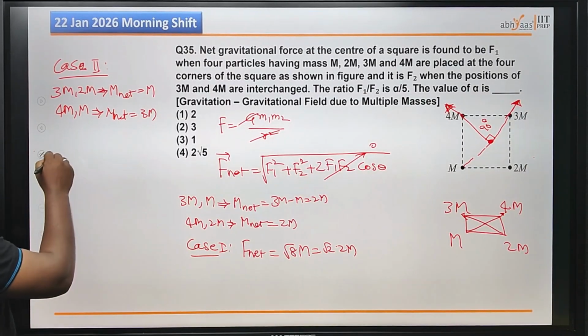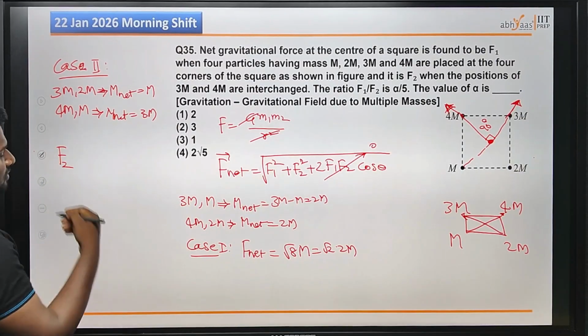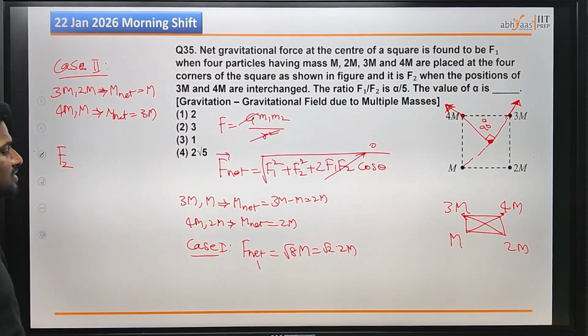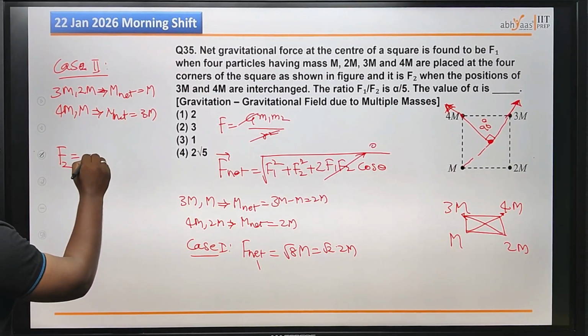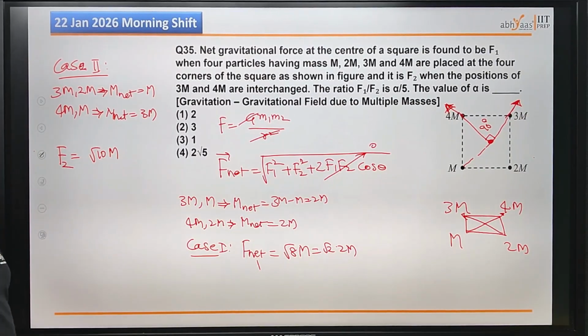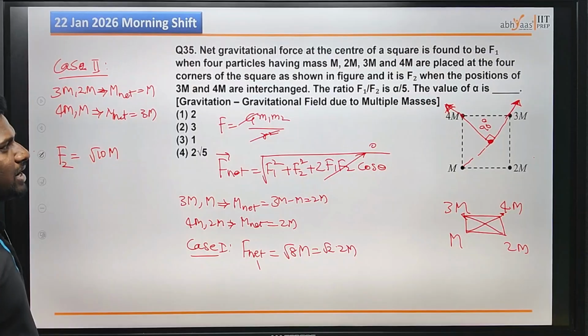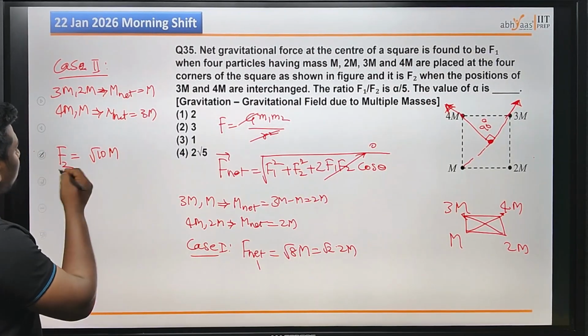So what is the F net? Second case, you can say this one F2, take it as F1, F2. So what is that? Root 10 m. If you observe, we have to find F1 by F2. We have to find the value of alpha. So what is the F1?